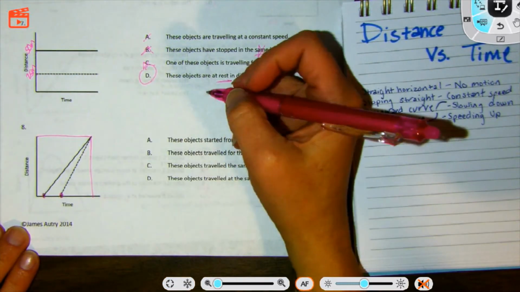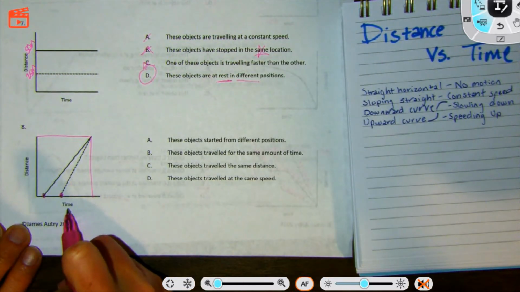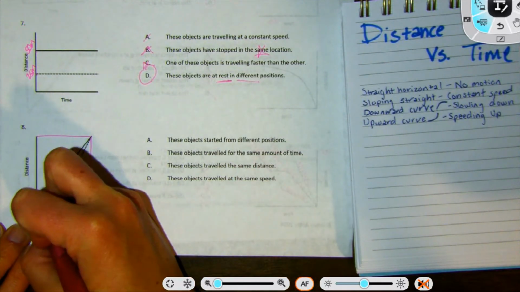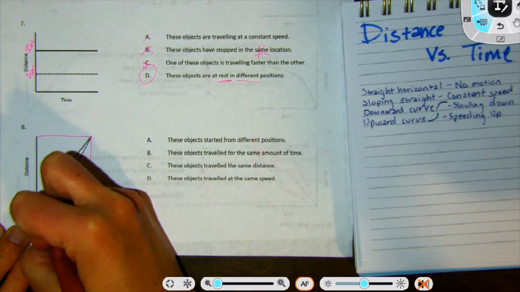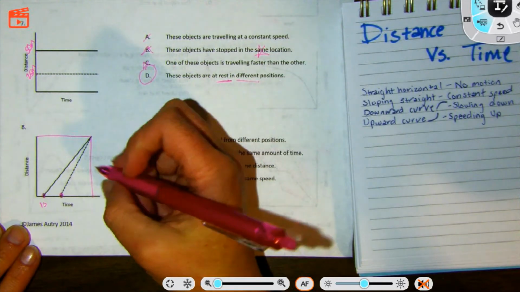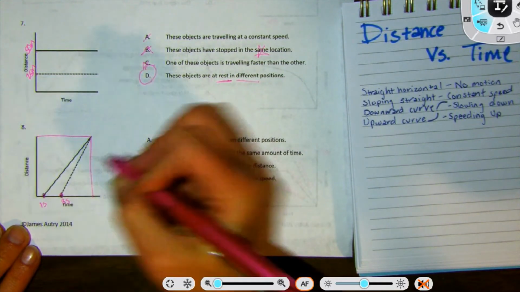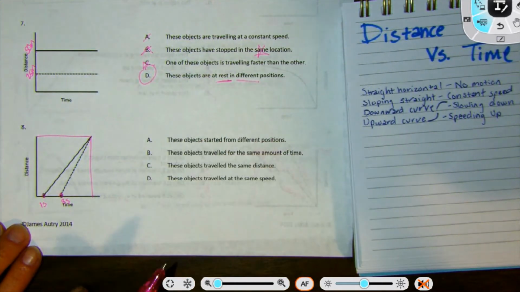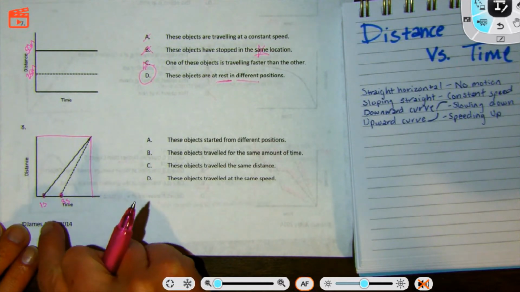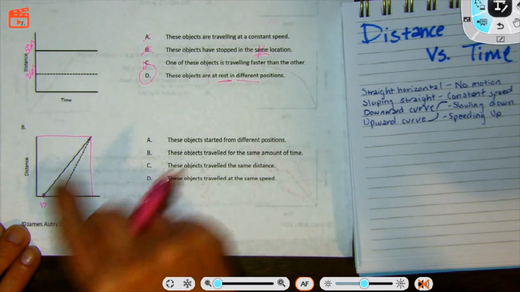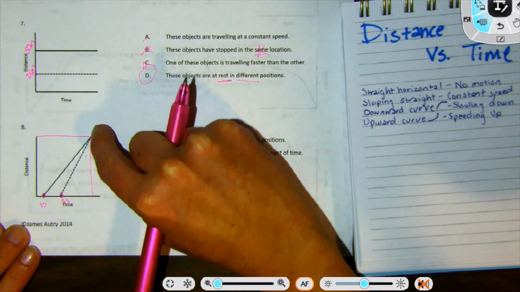This is time. So say this was 1 second. This was 3 seconds. So they traveled the same distance. They ended at the same time, but did they travel the same time?